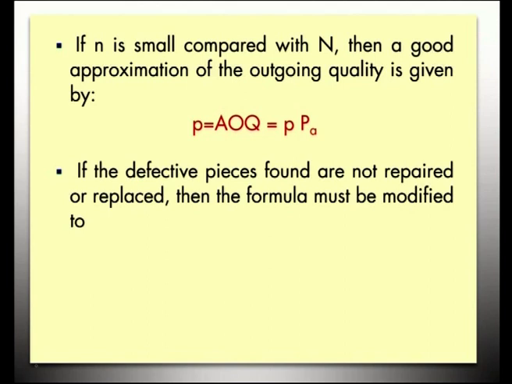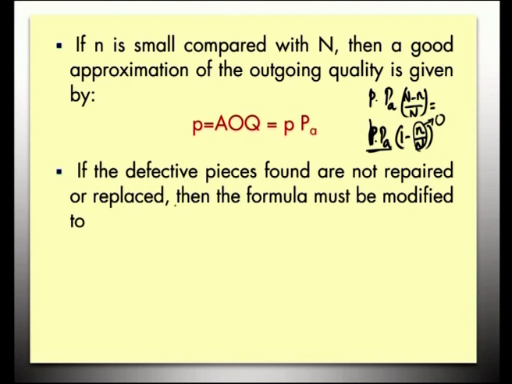The formula is P into PA into (capital N minus small n) by capital N, which is written as P into PA into (1 minus small n by capital N). When n is small compared with capital N, this term can be assumed to be tending to 0. So, we have only P into PA.